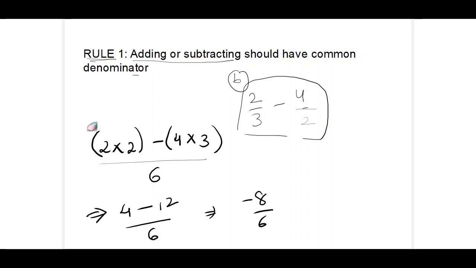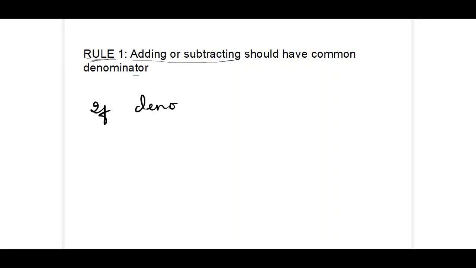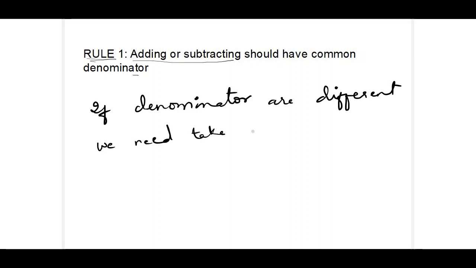Okay, I hope everybody understood the rules. Here, if the denominators are different, we need to take the LCM and perform simplification as it is, like we did for a common denominator.